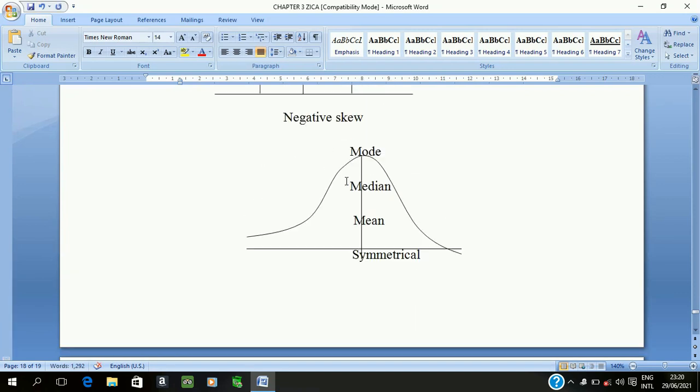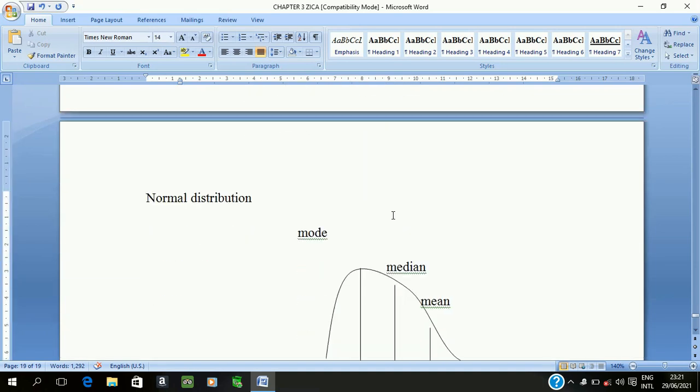Put it in a graph, and you have a symmetric graph. In this symmetric graph, you have a probability of 0.5 on one half and 0.5 on the other half, meaning that the entire area under the curve is equal to 1.